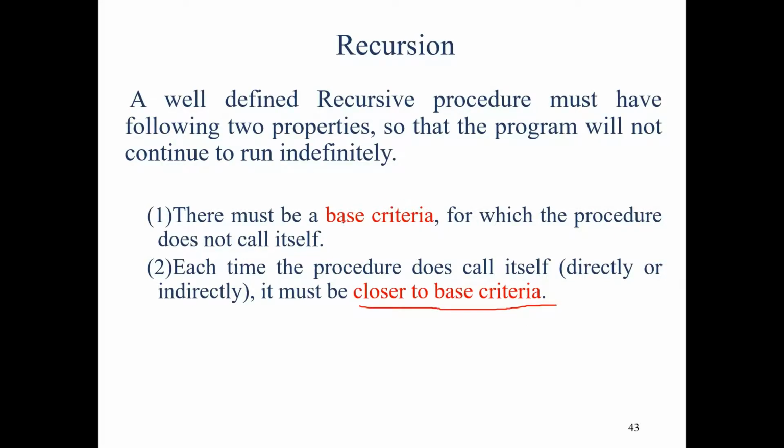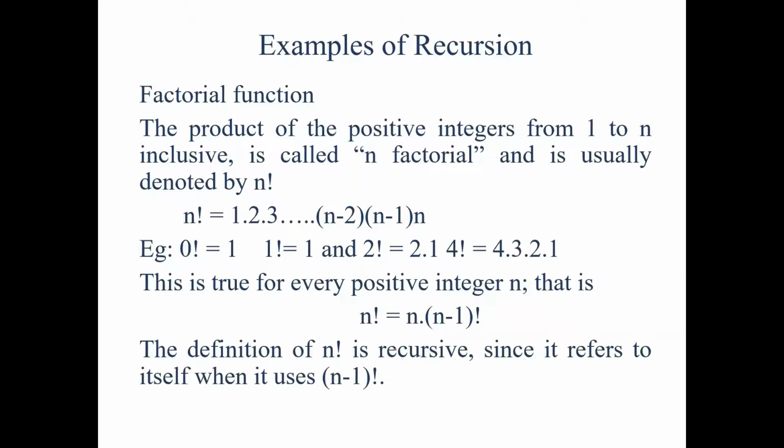Understood? Base criteria should be a condition in which the recursive call will not be made, and the procedure should be written in such a way that each recursive call moves closer to the base criteria. Understood? So we will see these examples now.